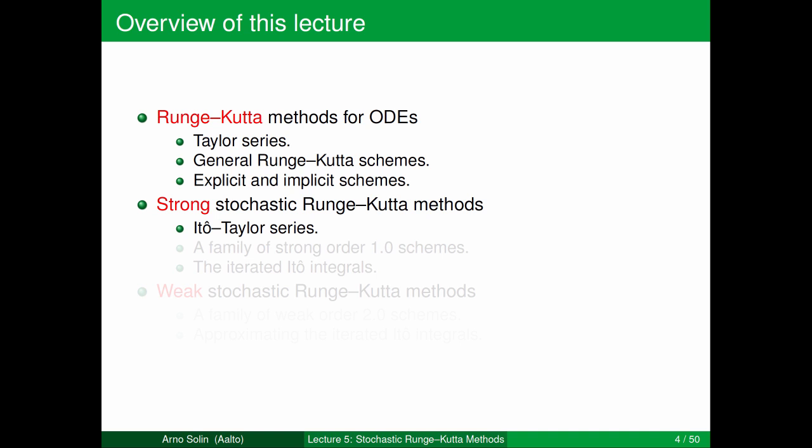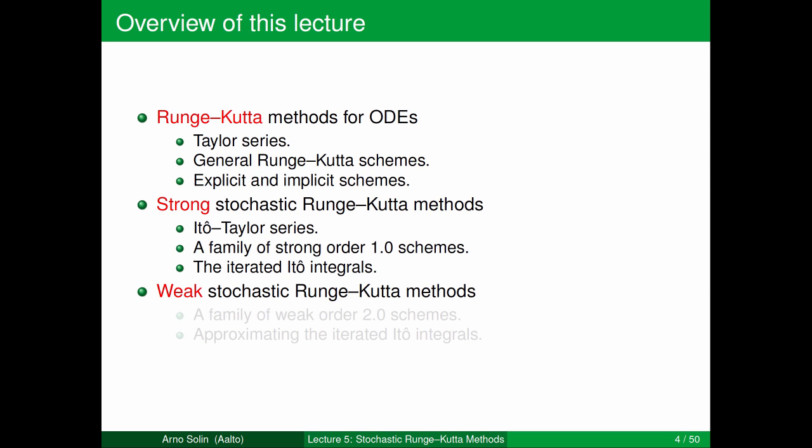As you saw for the regular Runge-Kutta methods, which were based on the Taylor series, now we are working with Ito-Taylor series in this part. We go through a family of strong order 1.0 schemes, which we show some examples for, and also discuss the problems related to the iterated Ito integrals.